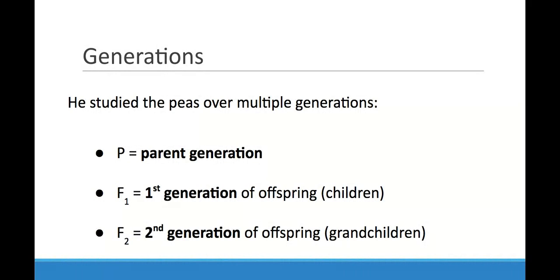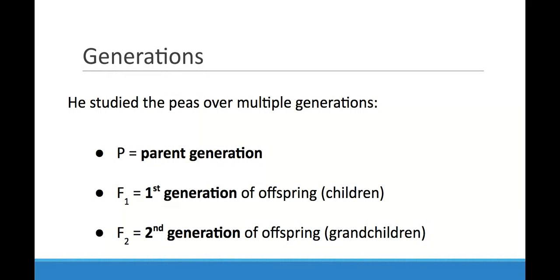Mendel studied the peas over several generations. So he came up with a very clever way of crossing the peas with each other. He looked at the peas in the parent generation, and then he would cross plants from the parent generation, and the offspring of that cross he called the F1 generation. So if you think of the P generation as the parents, the F1 generation is like the children.